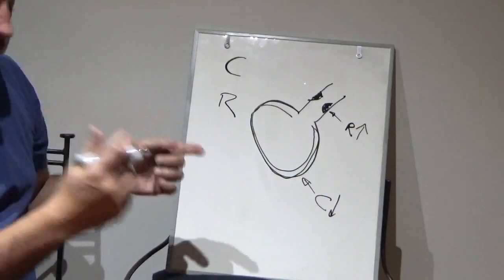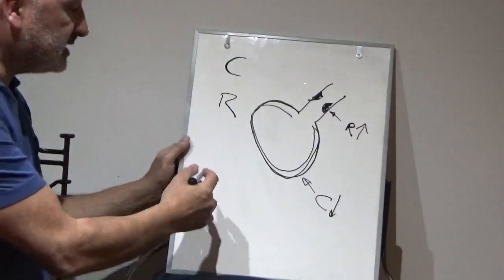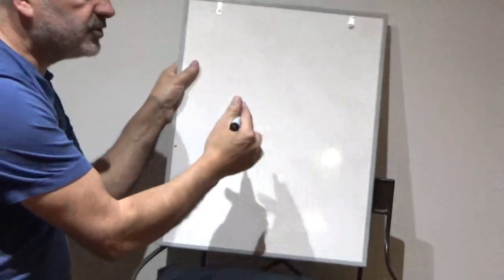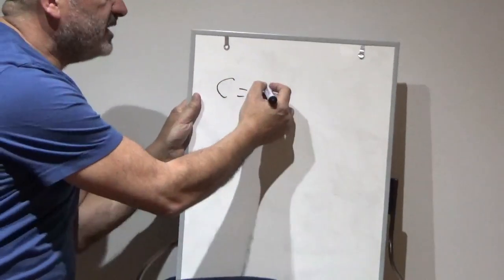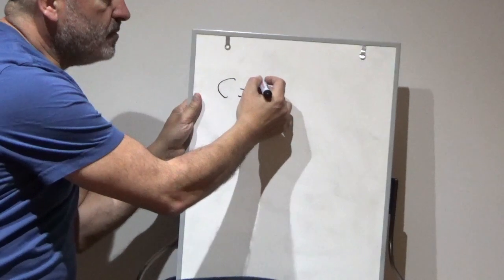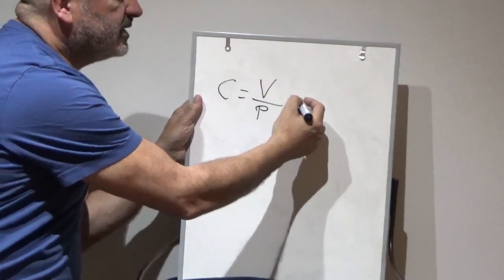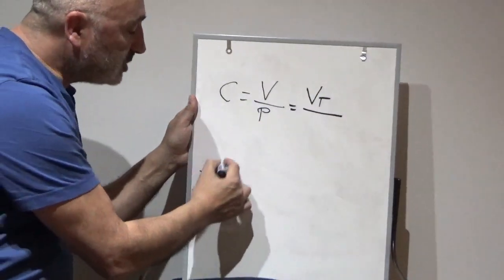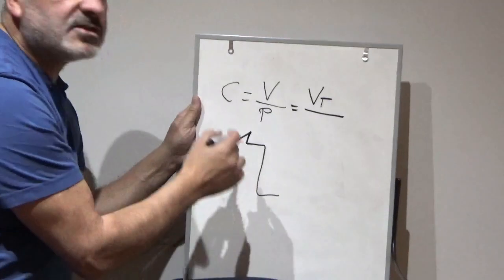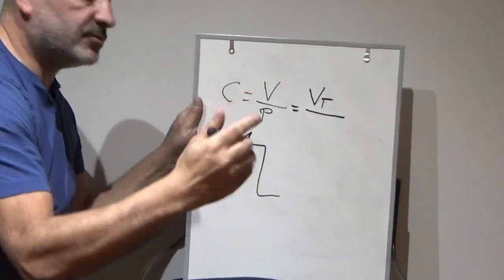In other words, we have these two concepts, compliance and resistance. From a practical point of view, the compliance is the relation between the volume and the pressure. Which kind of volume? The tidal volume. And the pressure is the one directly related to the static properties of the respiratory system.